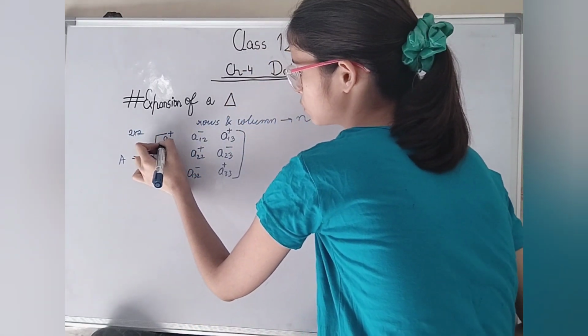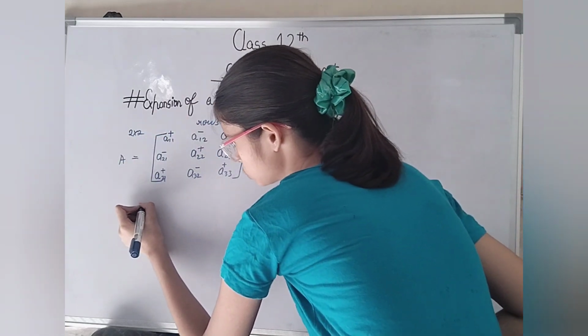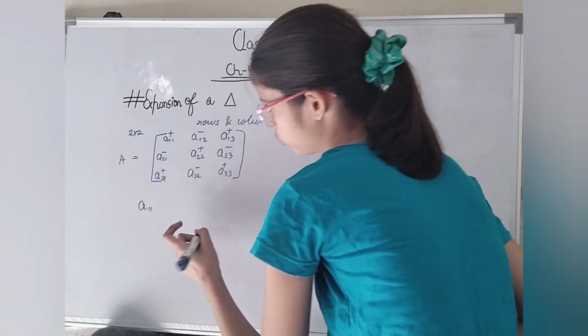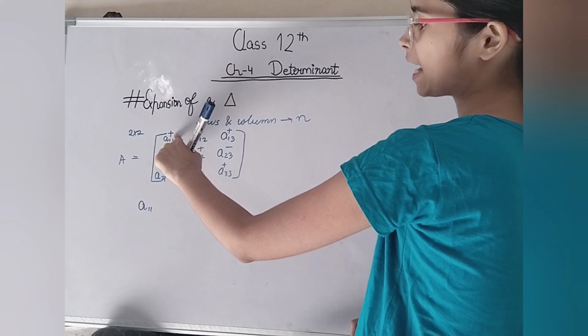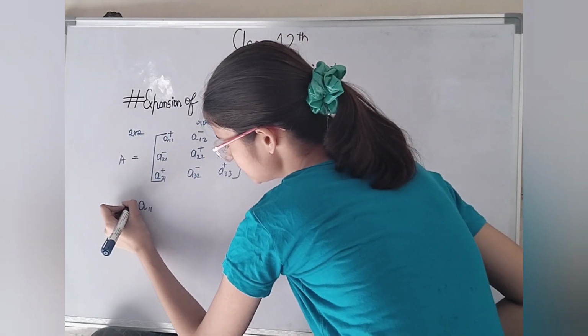For example, I am choosing this column, so A11, I am choosing this. What is the sign in front of A11? It is plus.